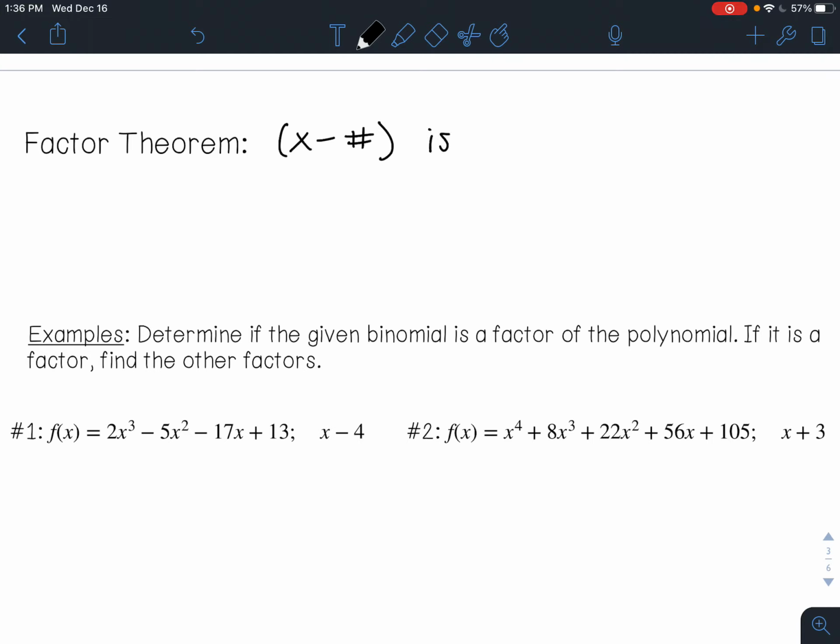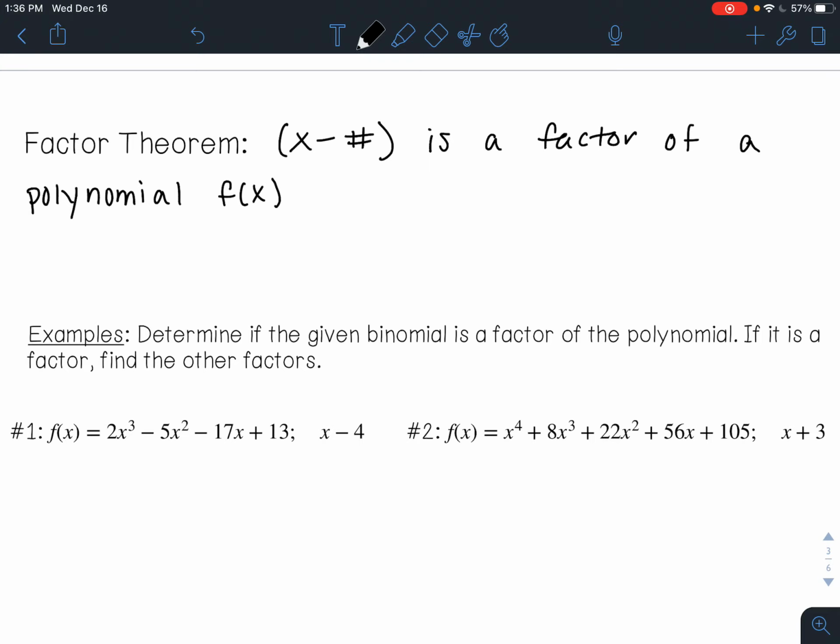I'm just going to use x minus a number, is a factor of a polynomial f of x. And remember what it means to be a factor is that it evenly goes into it. So we could use that to help break down something. A factor of 6 is 2 and 3. A factor is something that multiplies by something else to give you back whatever you're looking for.